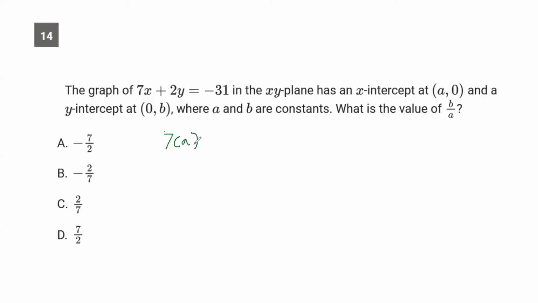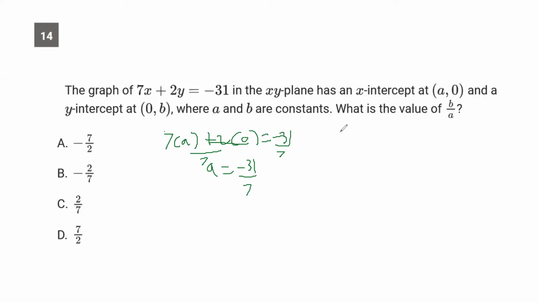And the x-intercept is when the y value equals 0, so that's going to be 2 times 0 equals negative 31. So then that goes away. Then we're going to divide by 7. a equals negative 31 over 7.